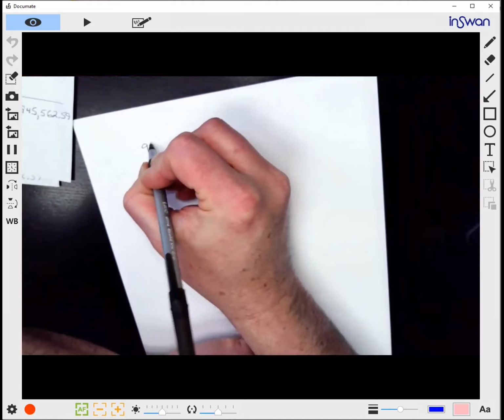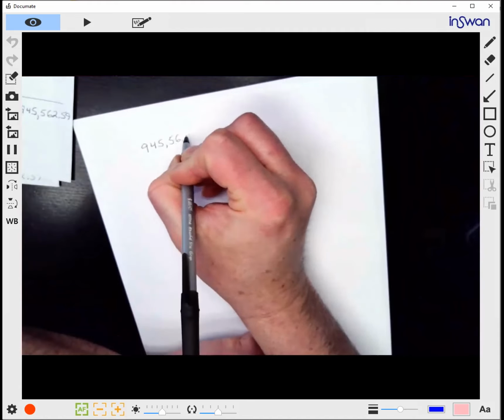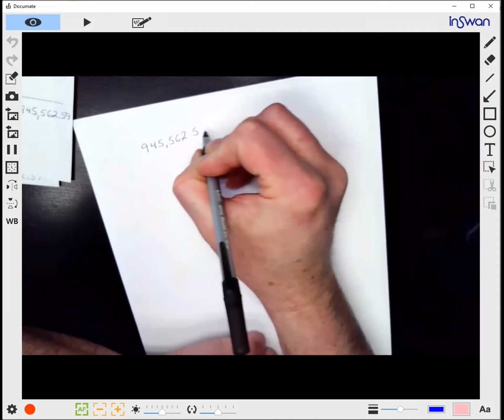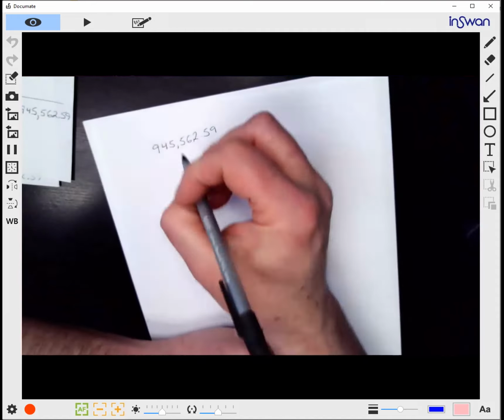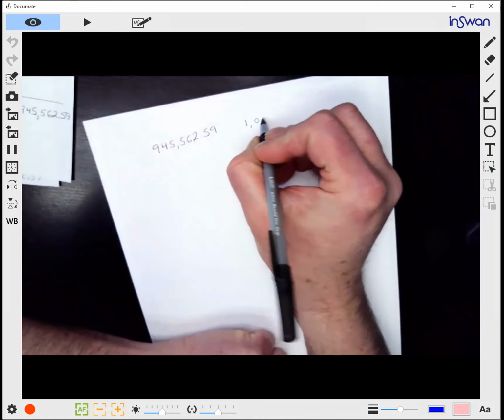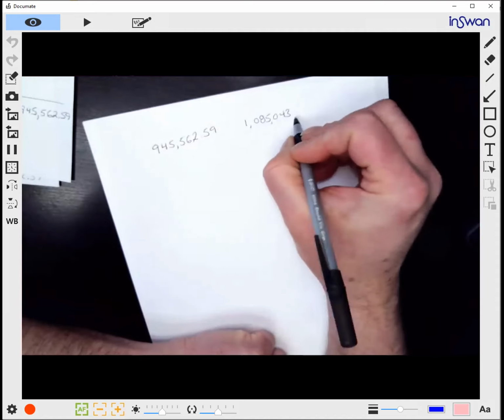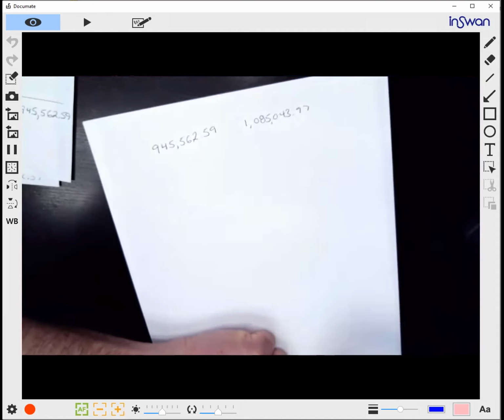And we go with this option that's 945,562.59, instead of the option that was 1,085,043 with kind of more glamorous camping in it.